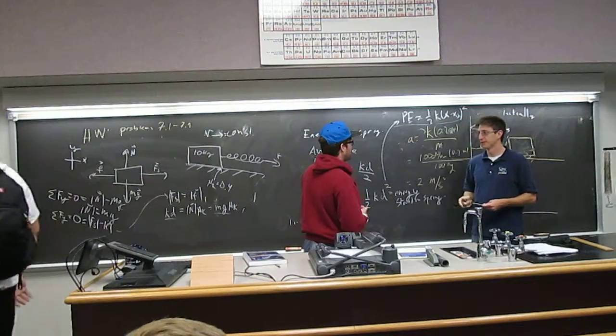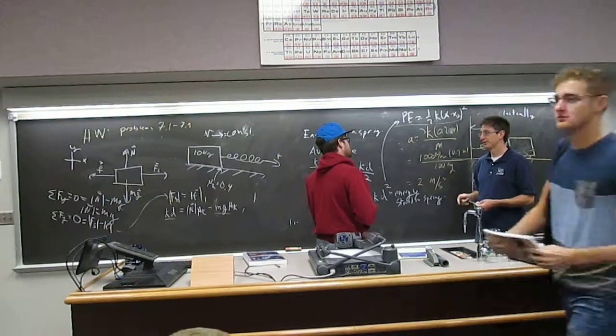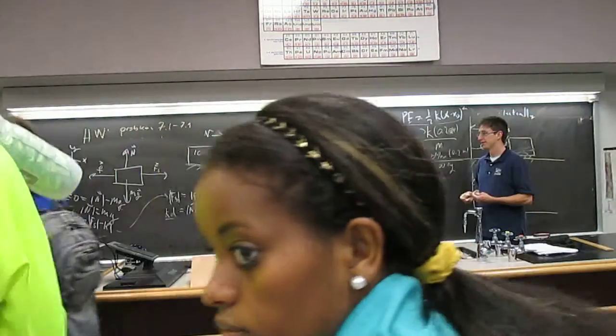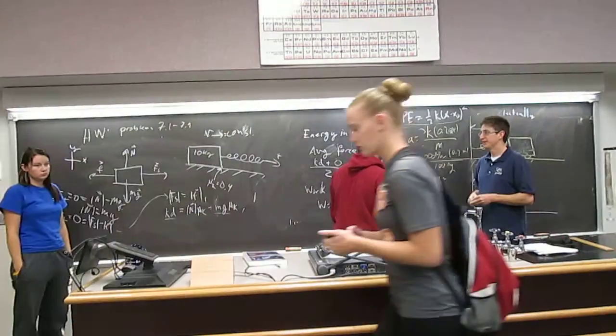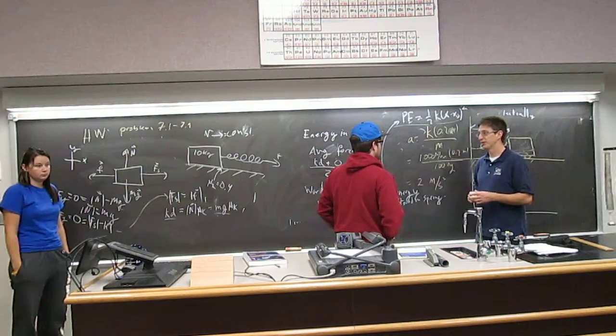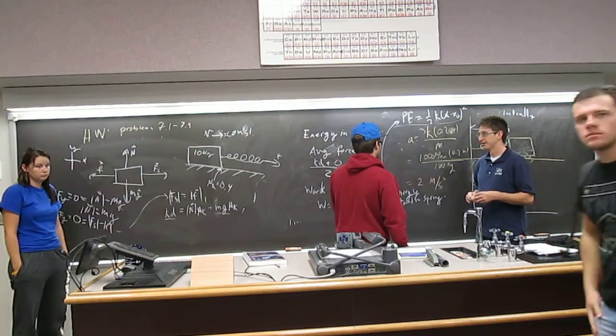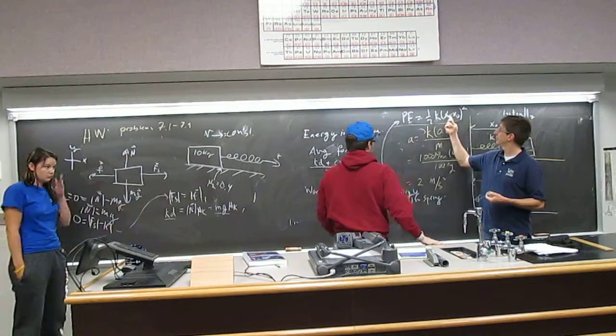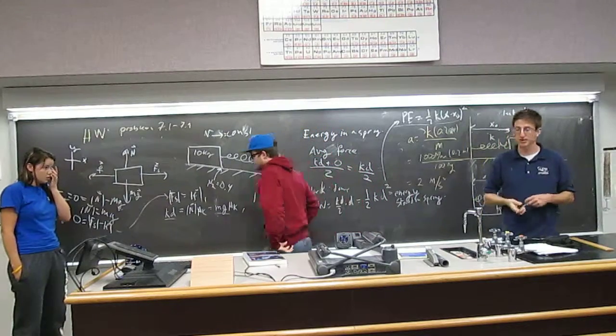So like on the problem, we were assuming that it was compressed. Now tell me how much energy. So like we had 1,000 meters. I'll tell you how much energy.